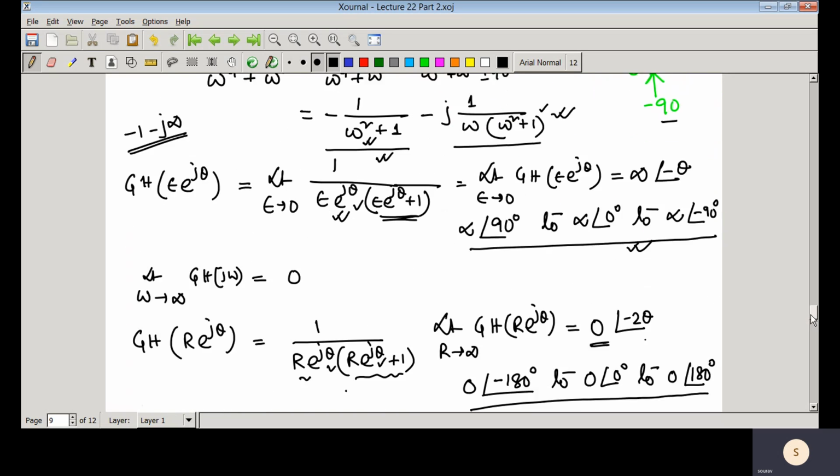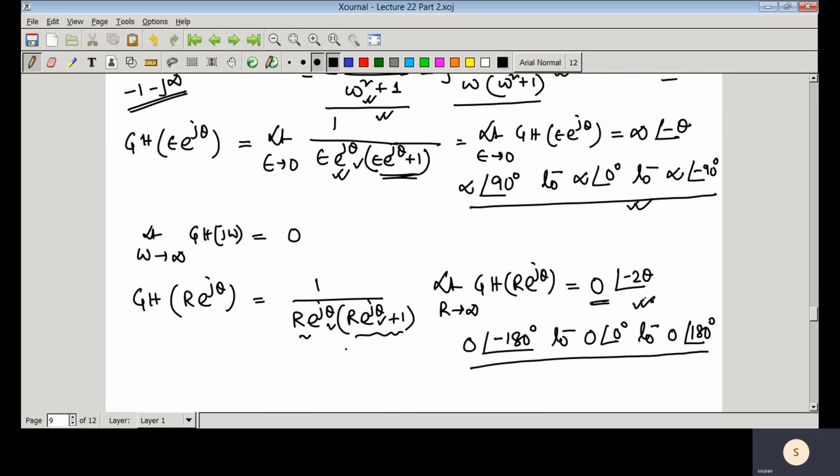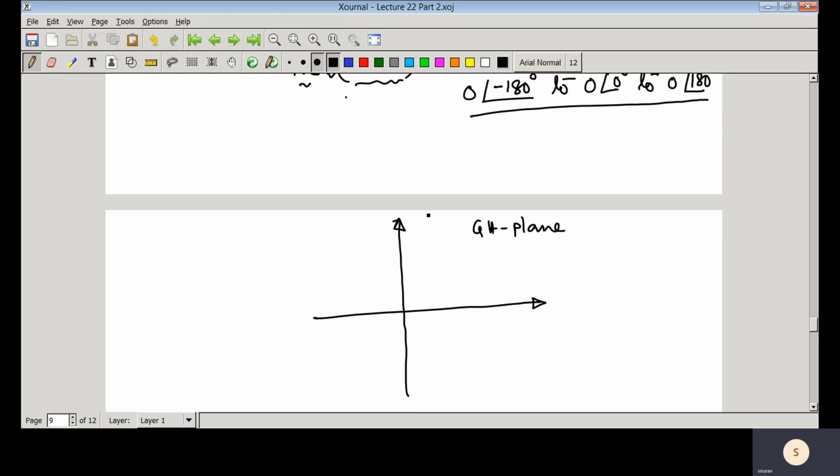So whenever 0 minus to 0 plus, we can see, no, this is r tending to infinity. So here we can see that it is coming to infinity minus angle, so infinity 90 degree. So infinity 90 degree means this is that point, that is j infinity.